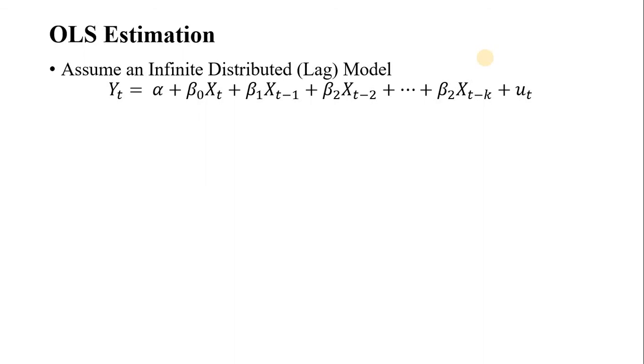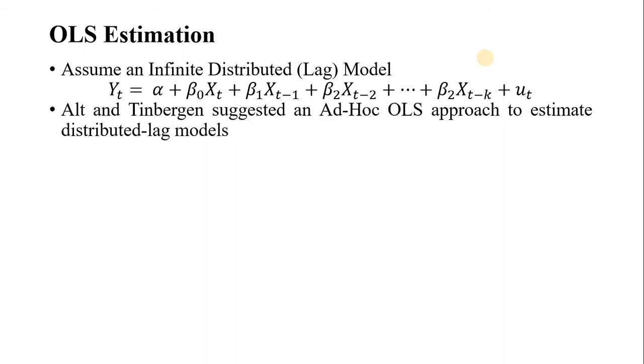This is what is called the infinite distributed lag model. Here we have 3 different types of parameters, as I told you before: short run parameter, intermediate parameter, as well as long run parameter.